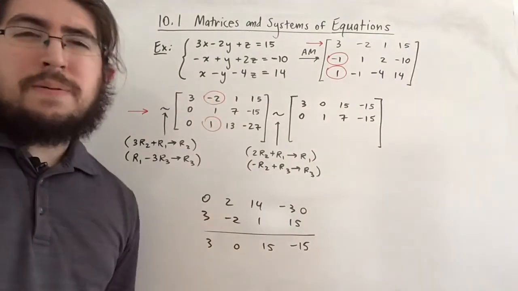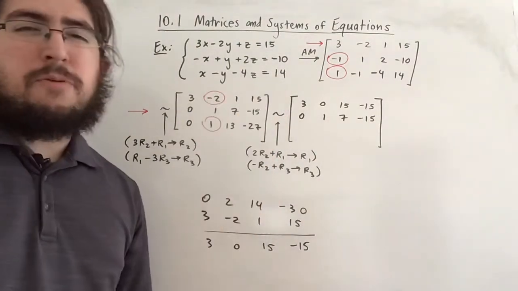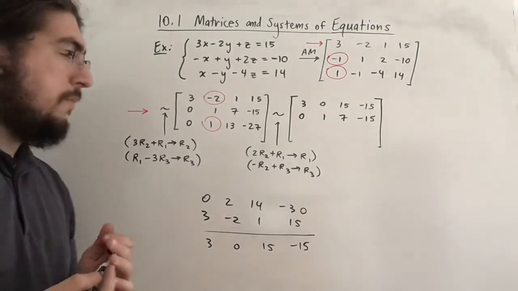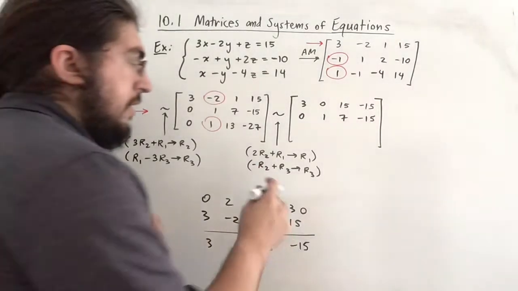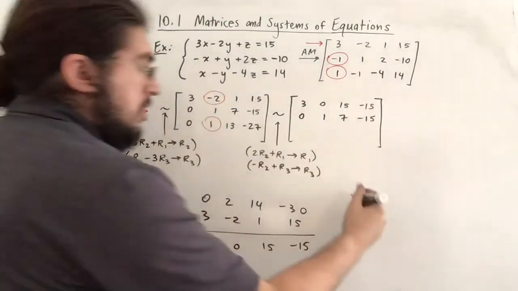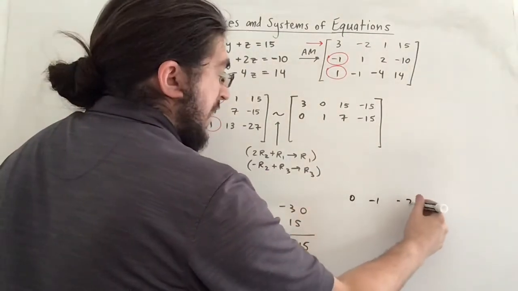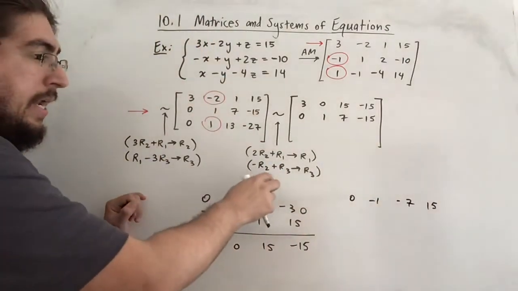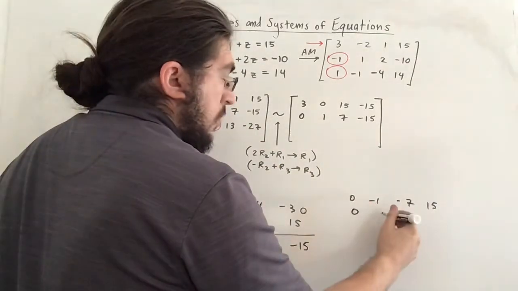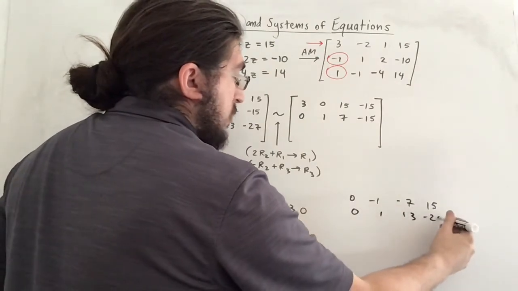Notice they all have 3 in common, so I really want to just divide by 3 right away, but I'll leave that for the next operation. And now for the second operation down here, -1 times row 2 will be 0, -1, -7, +15, because we're negating each entry. And then plus our row 3, which is 0, 1, 13, -27.